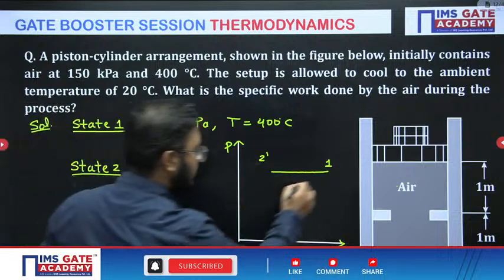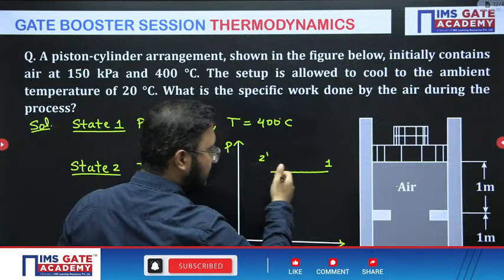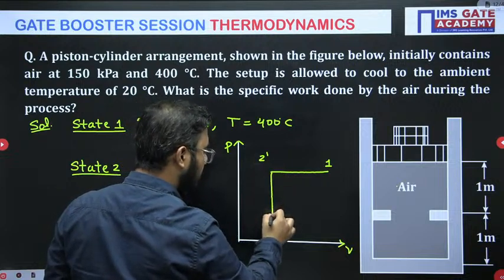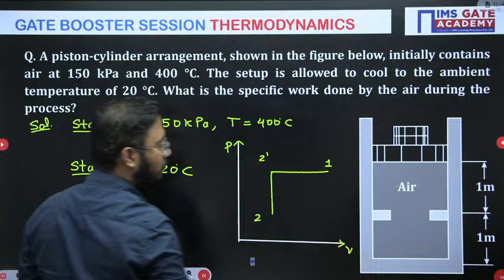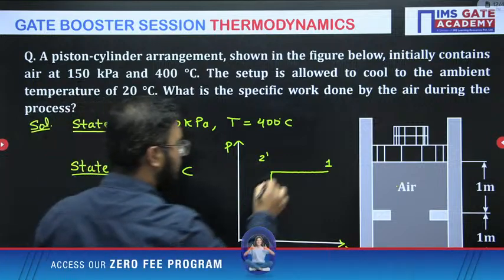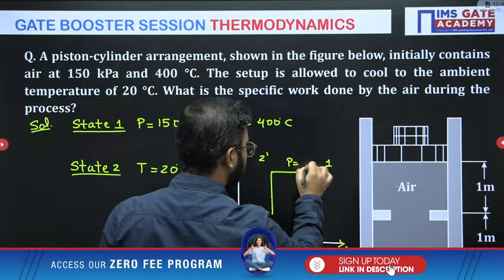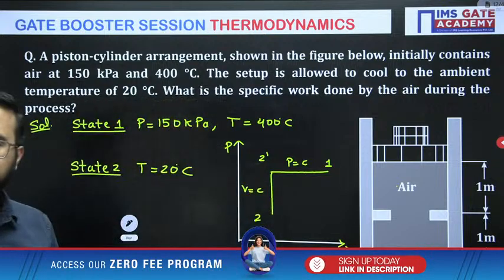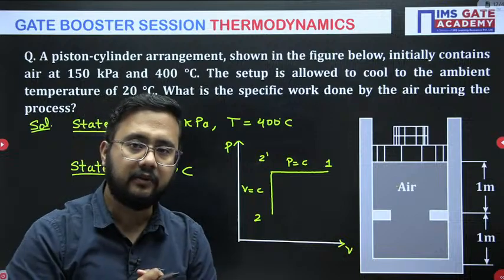Right. So till the stopper it has touched, after this is a constant volume process. Let's suppose we write it as 2. Here constant pressure process, P equals constant. Here constant volume. Like this. Is that clear, everyone?